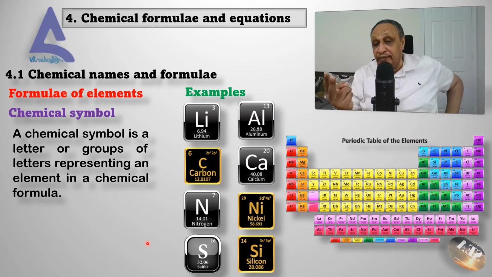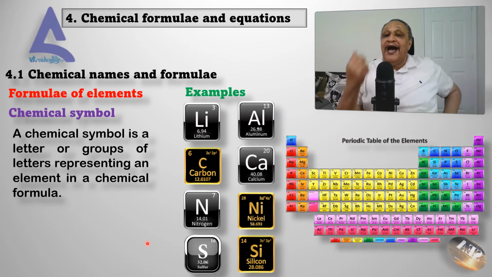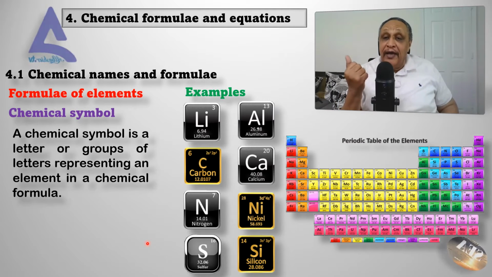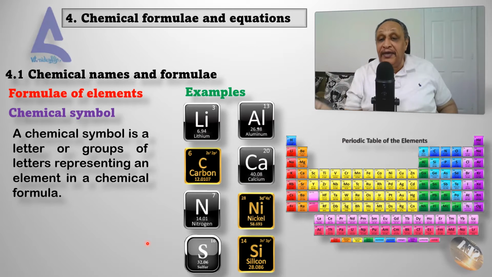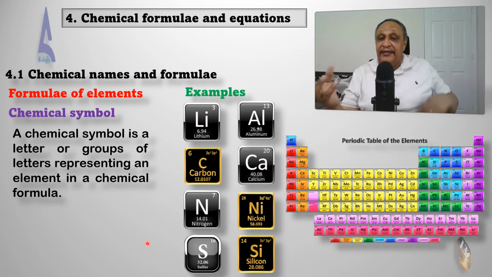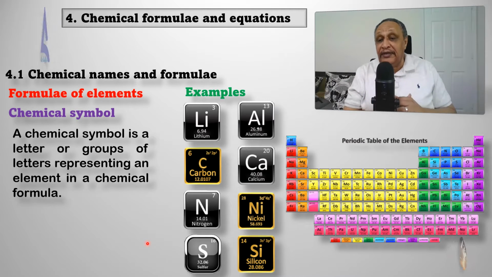We have phosphorus, which is P. P is for phosphorus. And we have lead, which is Pb. We are going to know where Pb comes from, but this is also how we differentiate between them.